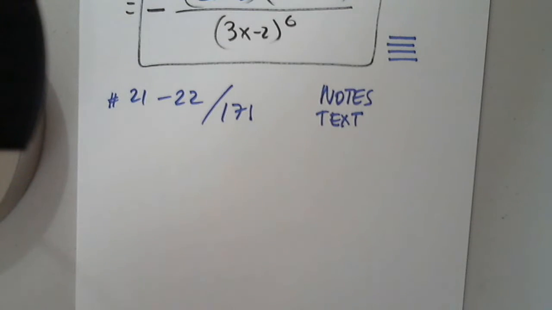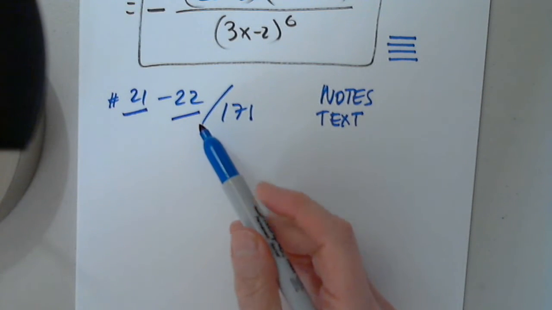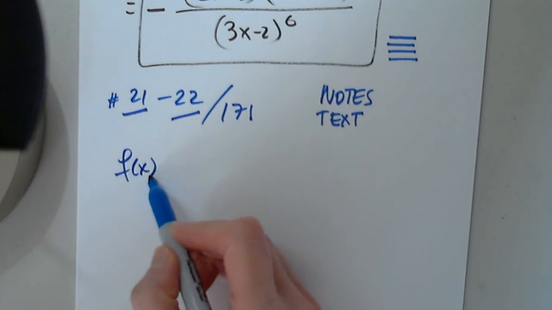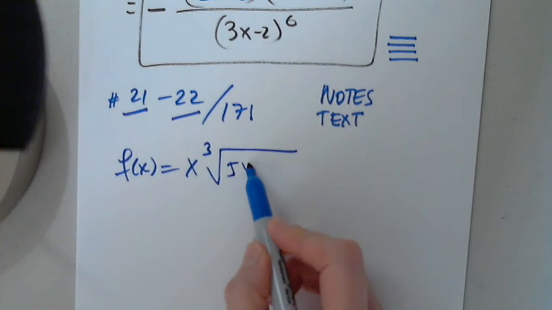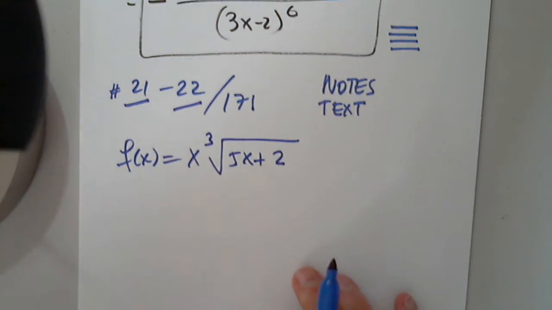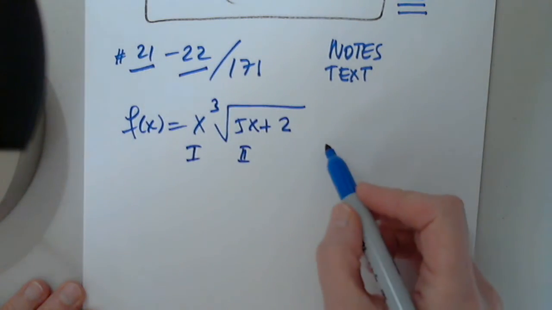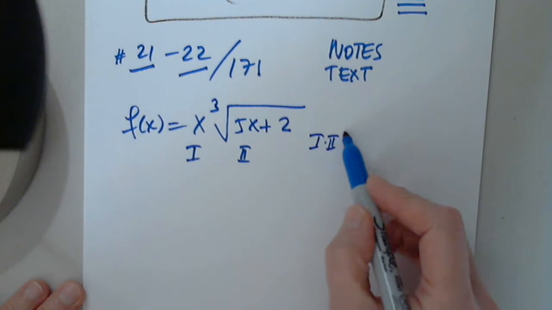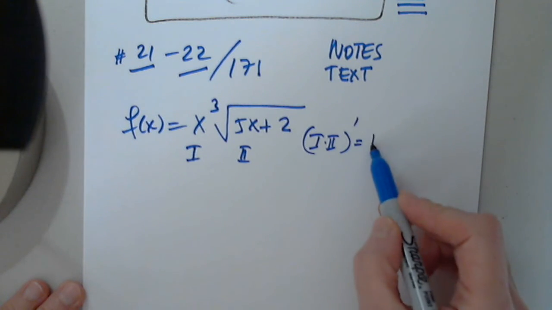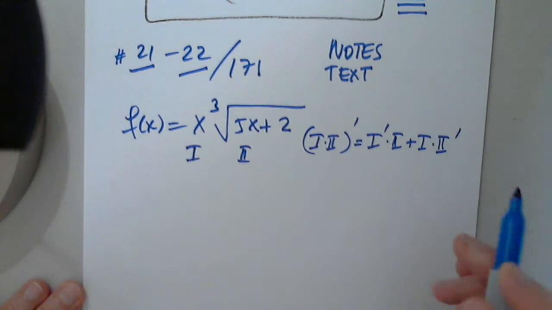Since we did 21 in class, is it okay if we work on 22? Yeah. So x to the third times the square root of 5x plus 2. Remember function 1, function 2. Function 1 times function 2, I will not invent. This is a formula, very well established.